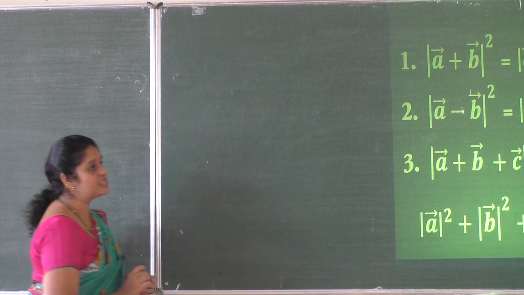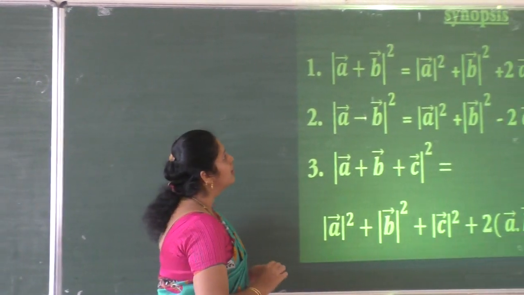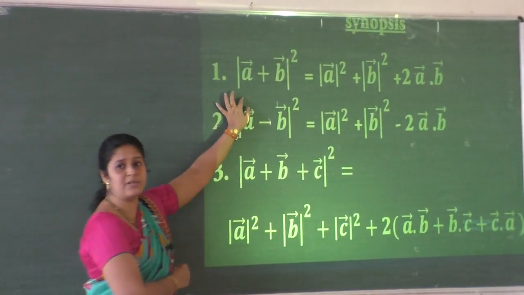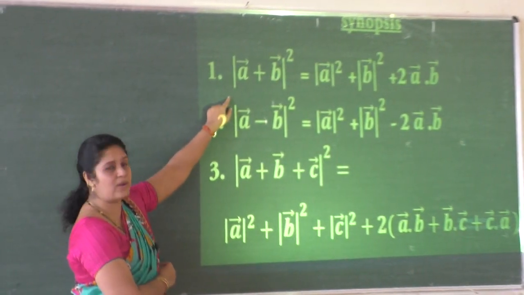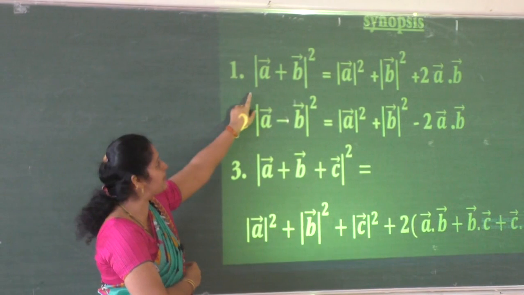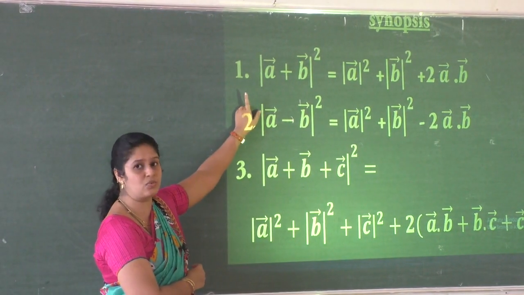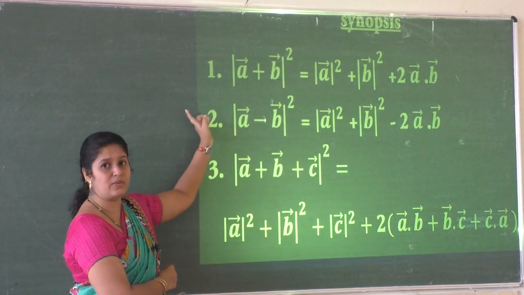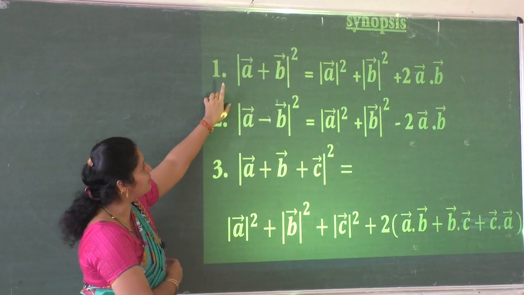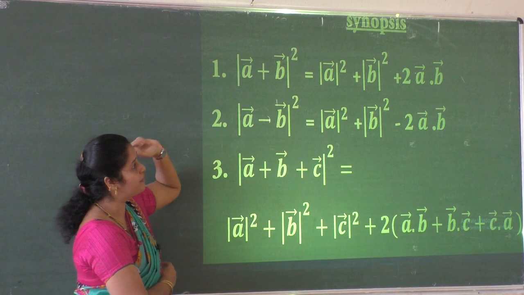Okay, look at the synopsis. This is like A plus B whole square, which we also studied in class. A plus B whole square equals A square plus B square plus 2AB. For the sum of two vectors, vector A plus vector B, the magnitude of that vector squared is given by this formula.